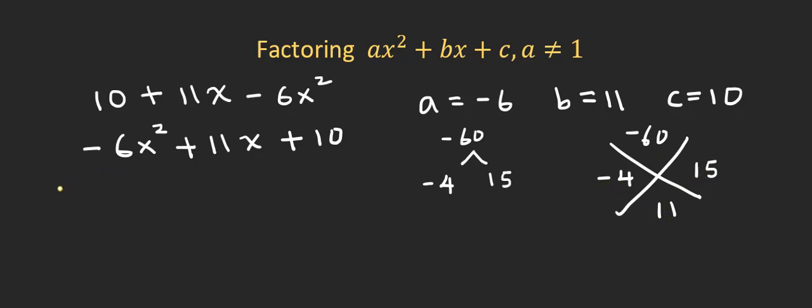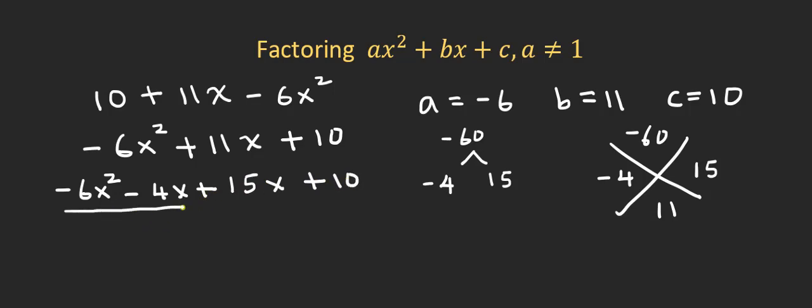So let's rewrite this. Negative 6x squared minus 4x plus 15x plus 10. Now let's do factoring by grouping. What is the greatest common factor over here? It's negative 2x. So you get 3x plus 2.